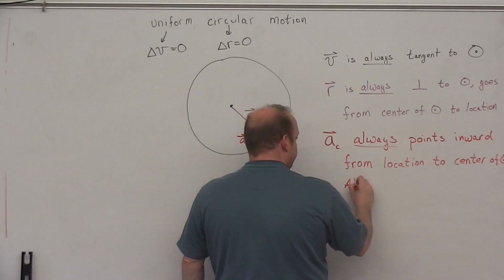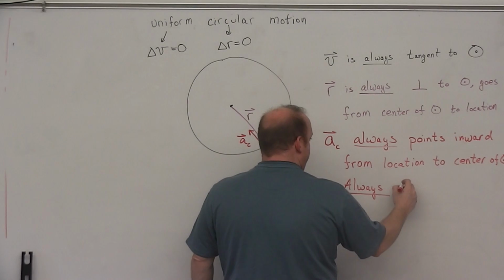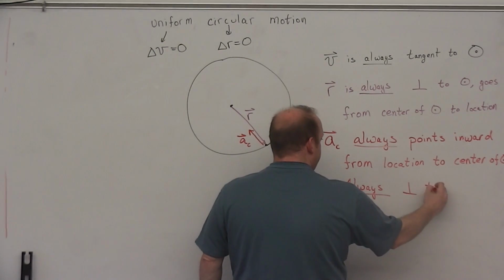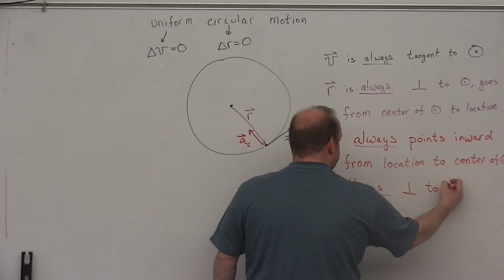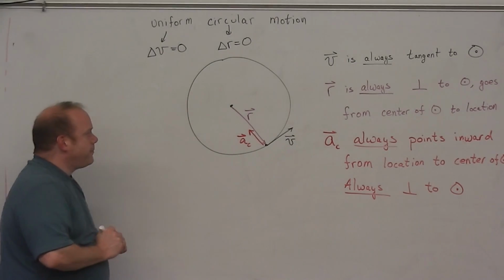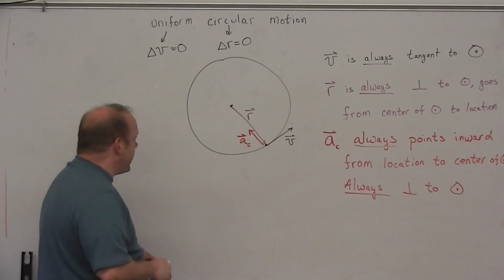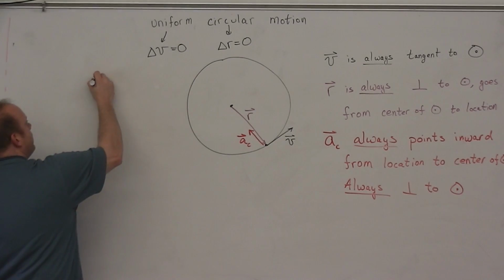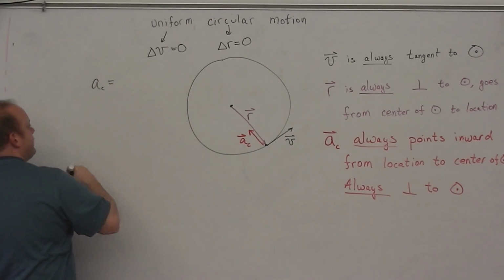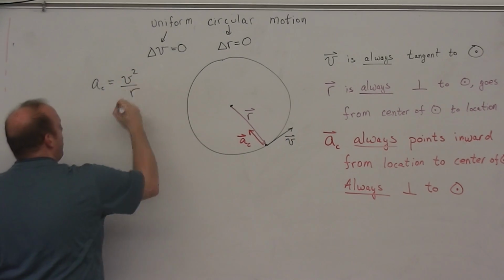And it's always perpendicular to the circle. So now, the equation that we have here: my centripetal acceleration is equal to v squared over r.